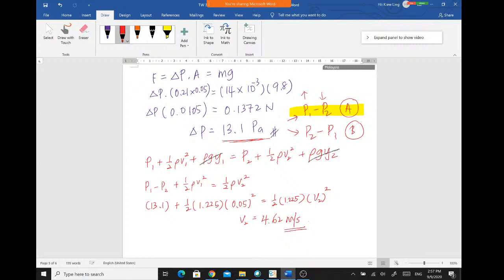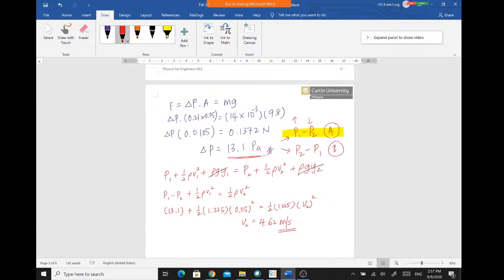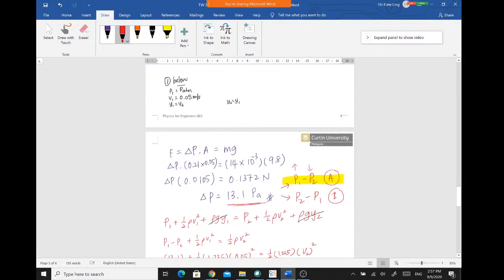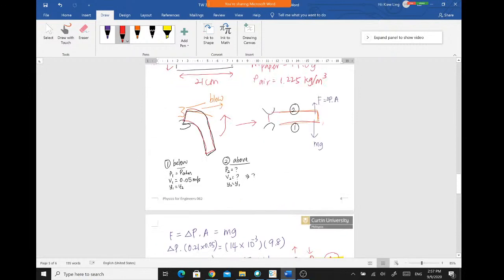Okay, so this is the minimum 4.62. Here you have to constantly create a speed of the wing of 4.62 from here to here across this whole area.